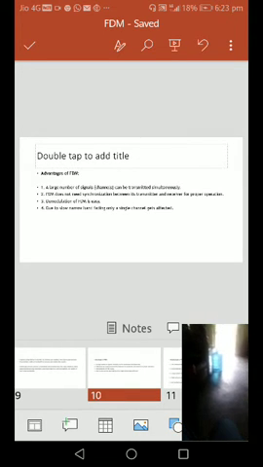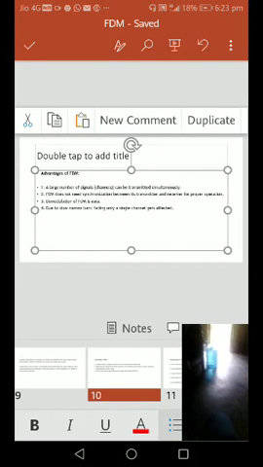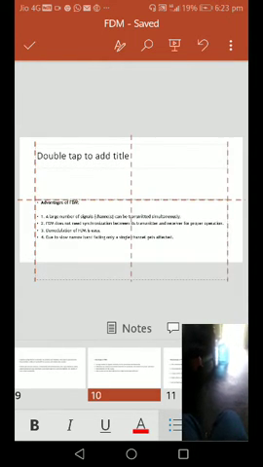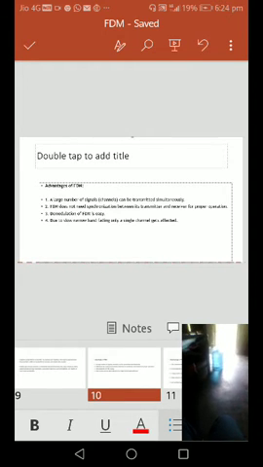What are the advantages of frequency division multiplexing? The advantage is that a large number of signals can be transmitted simultaneously.